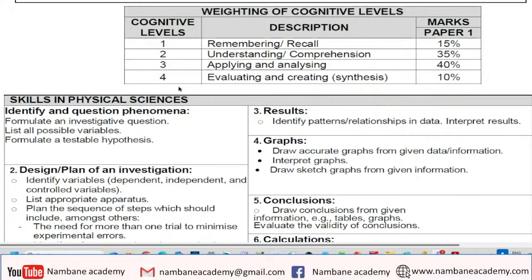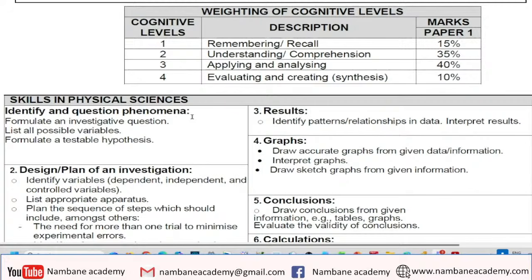What are those things that we will be required to give or answer questions based on? Things like identifying the variables, and then from the variables being able to write an investigative question, and from the variables being able to write a conclusion or a hypothesis. It is very, very important that whenever you are given a question in the form of an investigative question, you know how to identify variables.